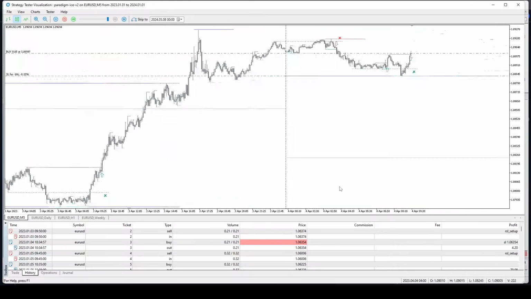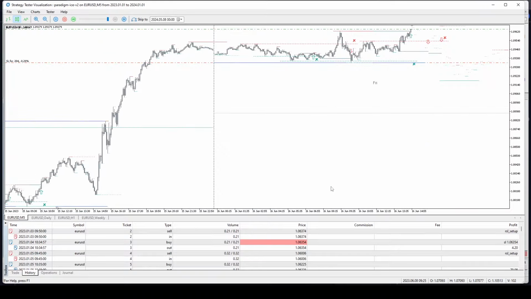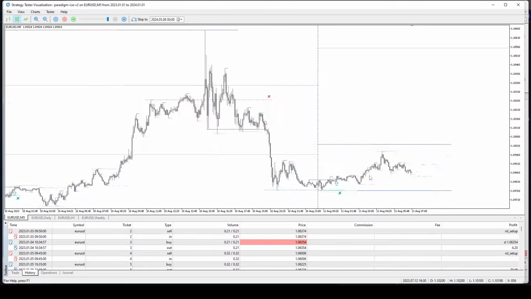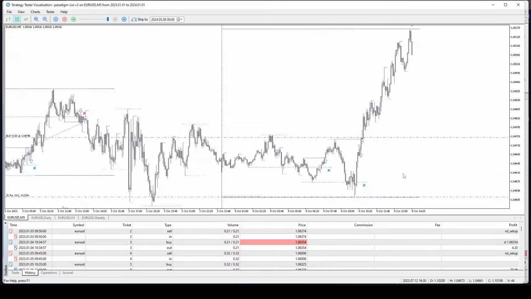So it is running through it. Probably going to take like 2 minutes. It's almost there.